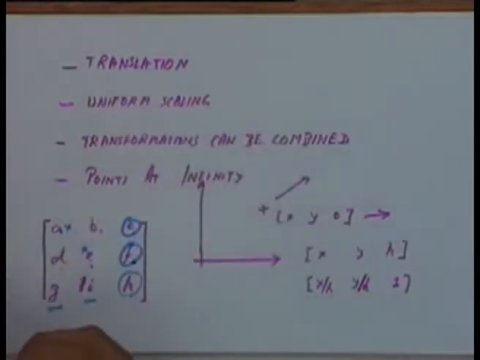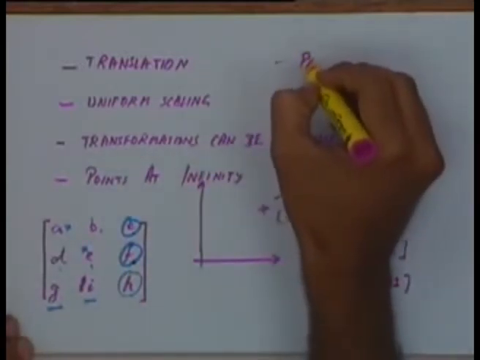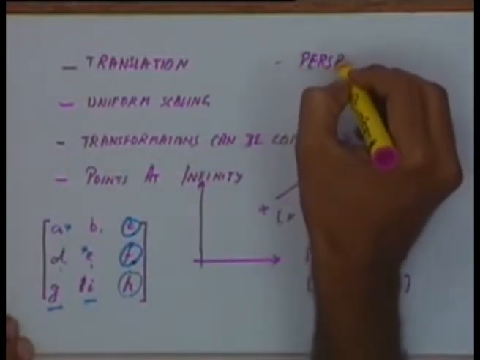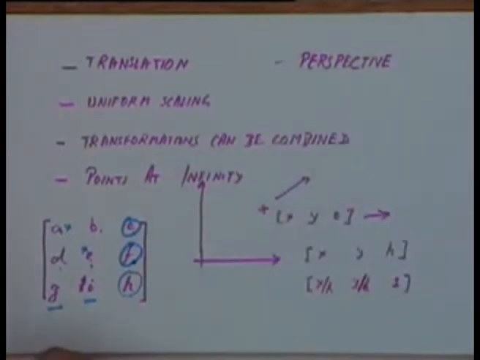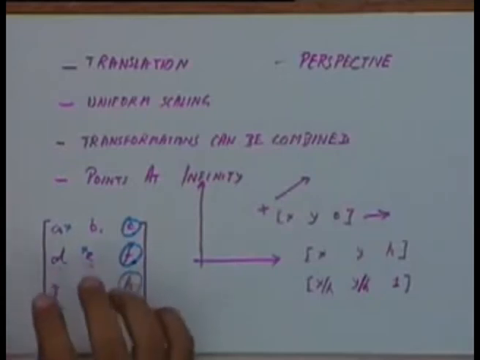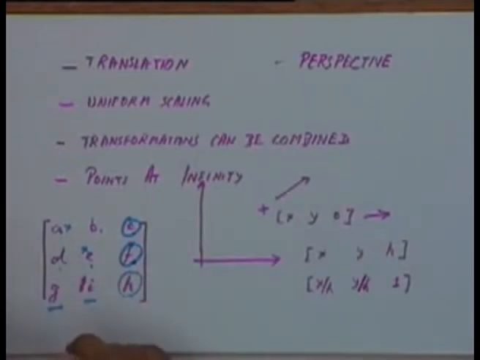So another advantage of these homogeneous coordinates that we will see later is that perspective transformations, or the perspective view, can easily be obtained by such transformations. So these are some of the advantages of using homogeneous coordinates. Any questions on this part?